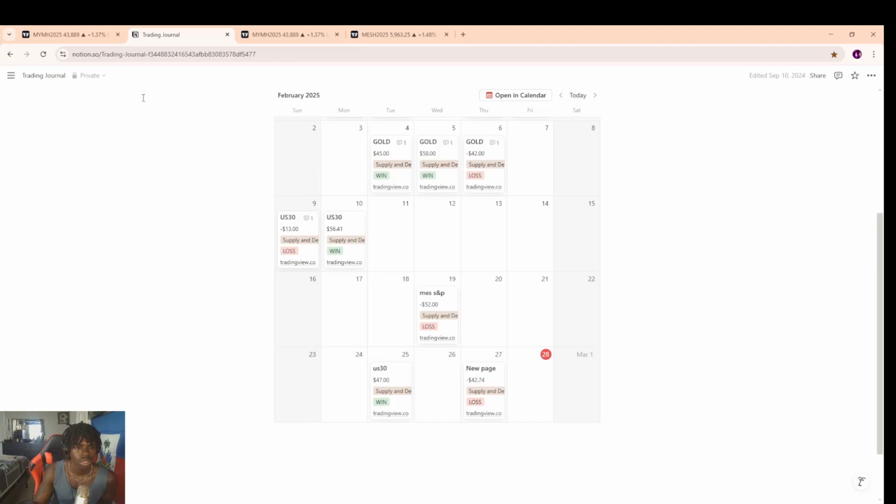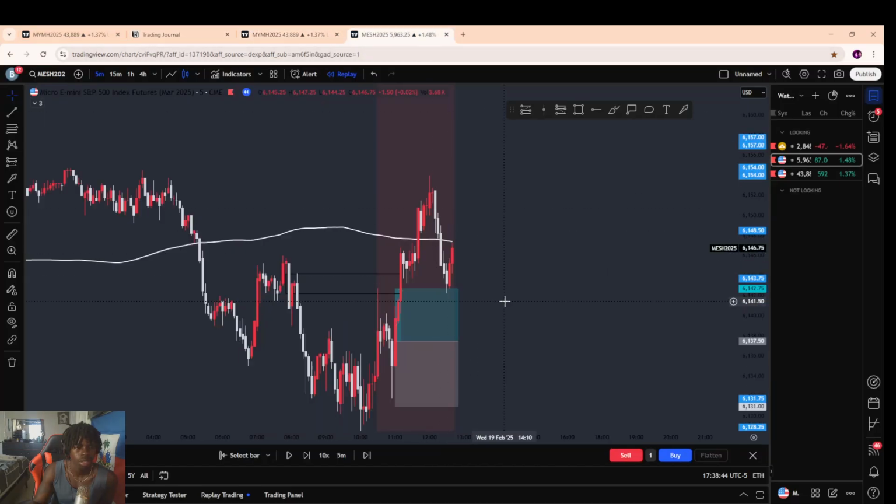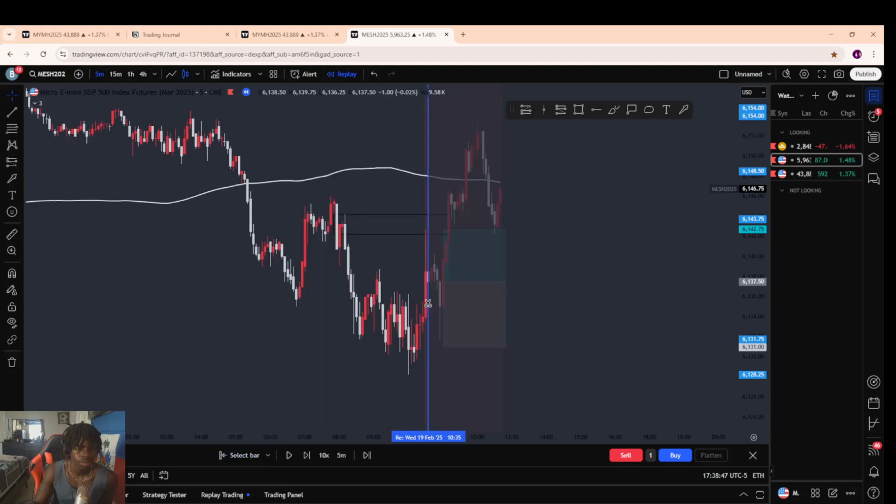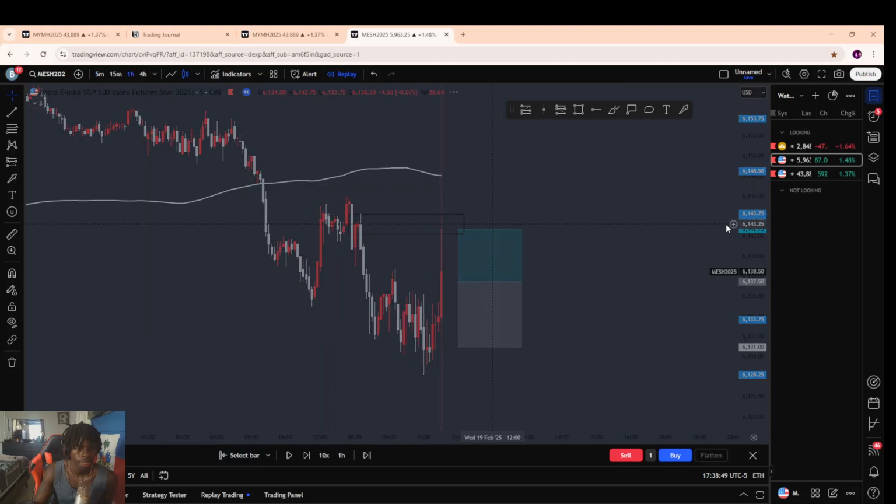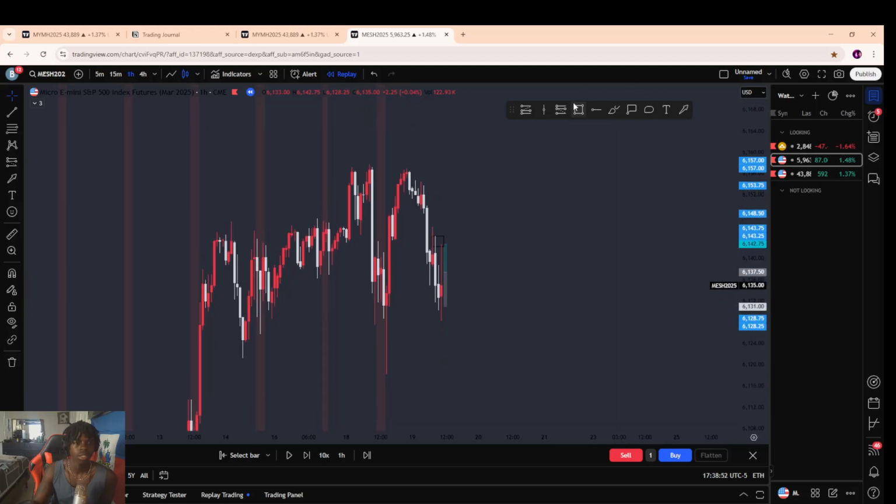Which one was it? Was it Thursday? No, it was MES. I'm tripping. Yeah, it was this one. For this setup that I lost, we were in a 1 hour gap. I said I just got to be more wary of the gaps, but like I said, it didn't have a breaker structure to me, so in my eyes, I wasn't too pressed about it. I still took the setup anyways.